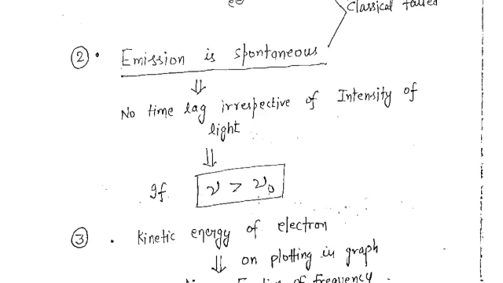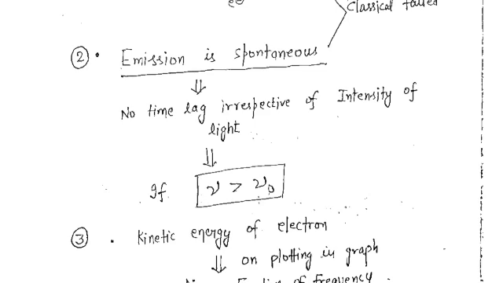Now the other thing: emission is spontaneous and does not depend on the intensity. In the classical picture, intensity and energy were both dependent on the amplitude, and if the amplitude is sufficient to eject the electron, it will eject it.